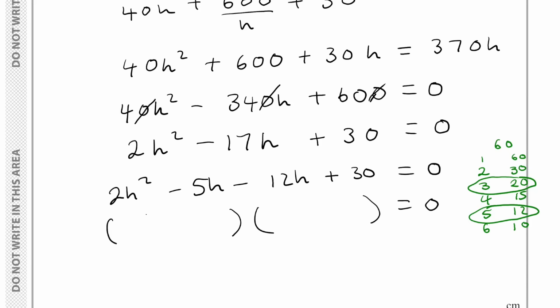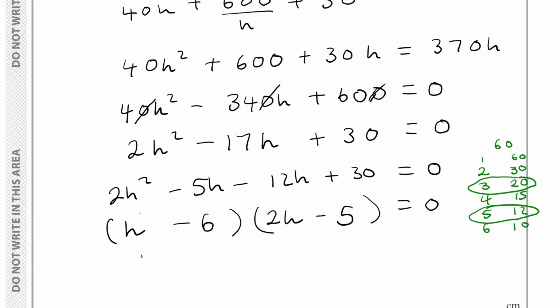So what can come out of the first two? 2H squared and negative 5H, just H. H times something is 2H squared, that's 2H. H times something is negative 5H, that's negative 5. Something times 2H is negative 12H, that's negative 6. And negative 6 times negative 5 is 30.